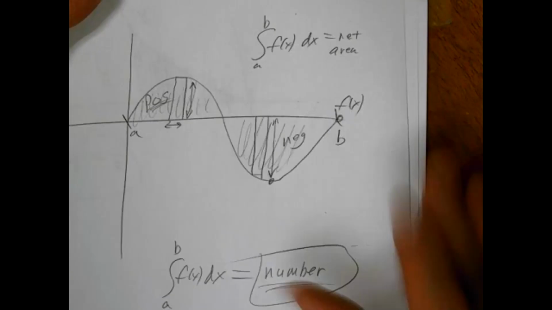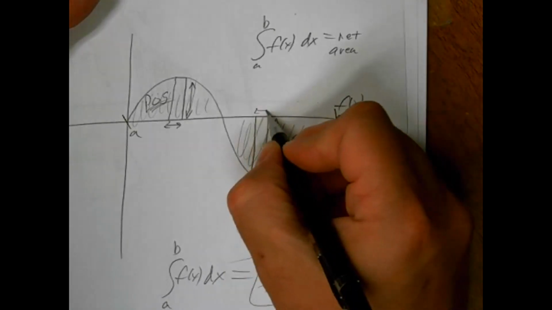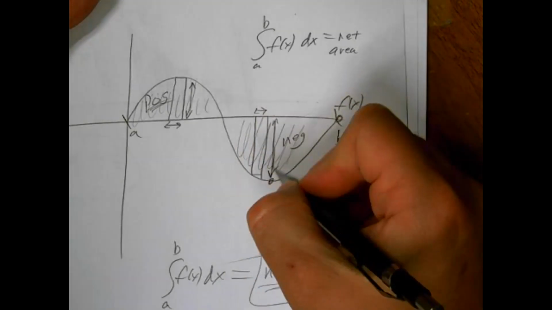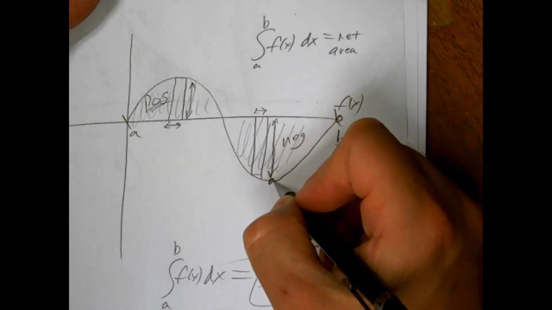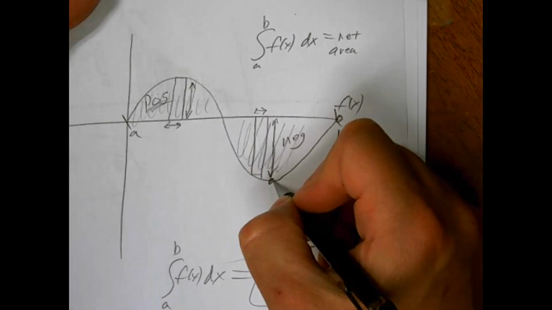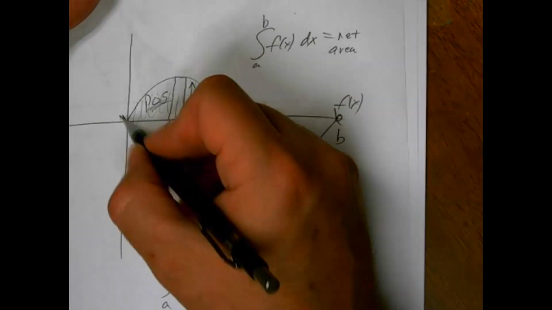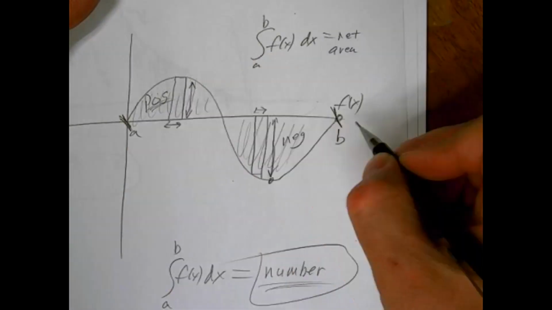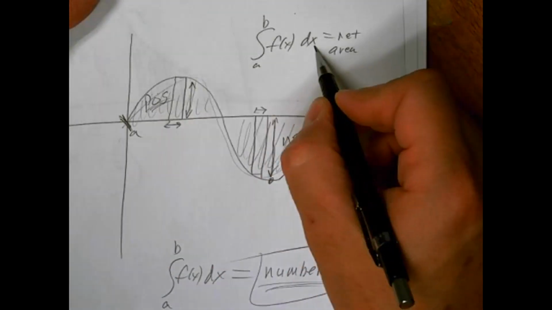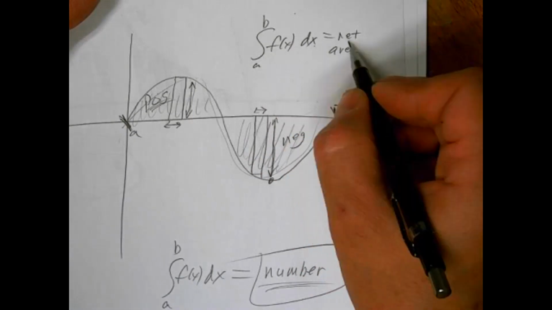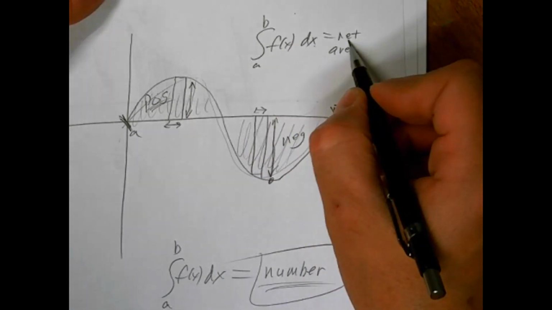On the other hand, these rectangles will have positive width, but negative height. Again, when you're below the x-axis, your function values are negative. All right, so if you integrated from A to B for this curve, this f of x dx, what you're going to get is not area, but net area.